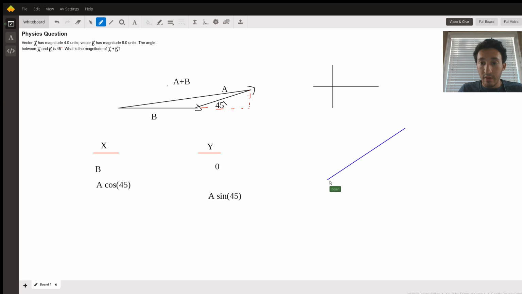This vector A plus B looks like a triangle and has the following components. The X component is B plus A cosine 45, and the Y component is A sine 45.